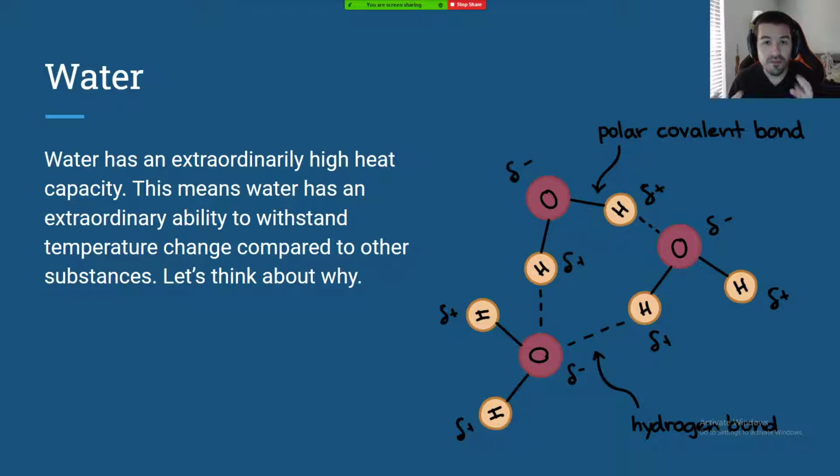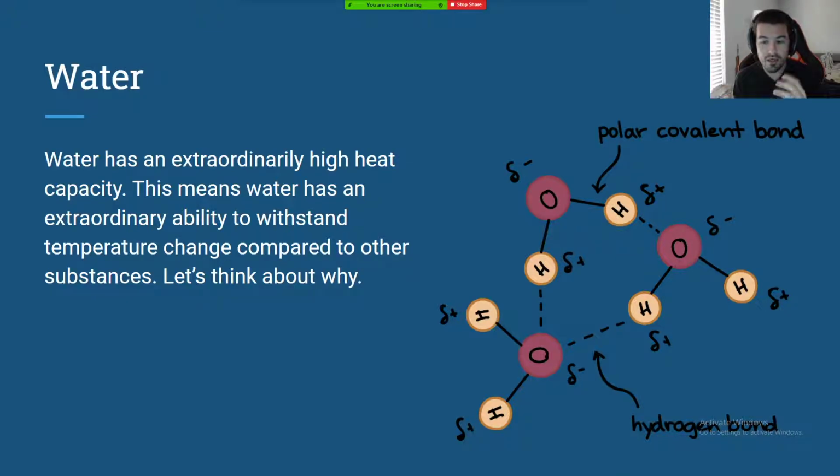A substance that has really strong intermolecular forces, that has lots and lots of these interactions keeping the molecules attracted towards one another, those molecules are not going to accelerate, they're not going to move as easily as other substances might because of those intermolecular forces.